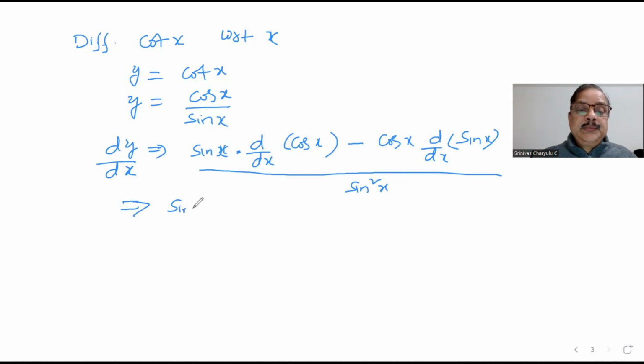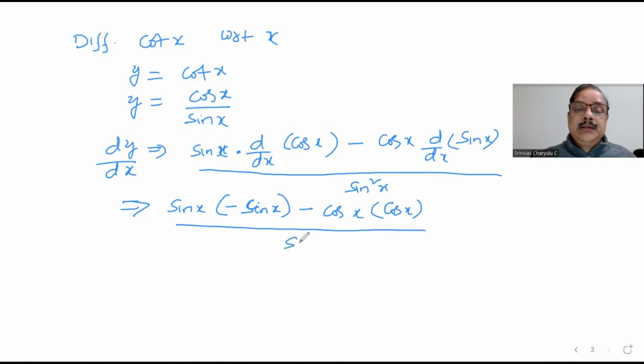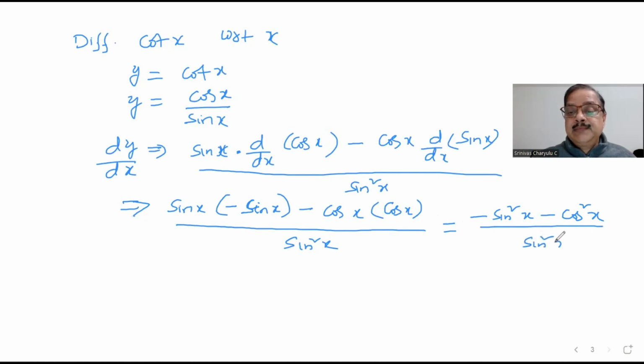So sin x into d by dx of cos x is called as minus sin x, minus cos x into d by dx of sin x is called as cos x, whole thing divided by sin square x is equal to minus sin square x minus cos square x divided by sin square x.